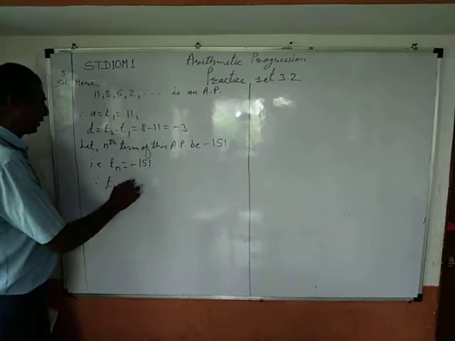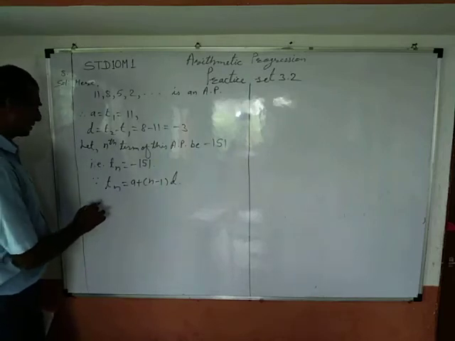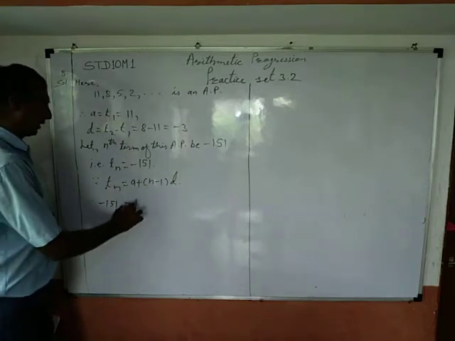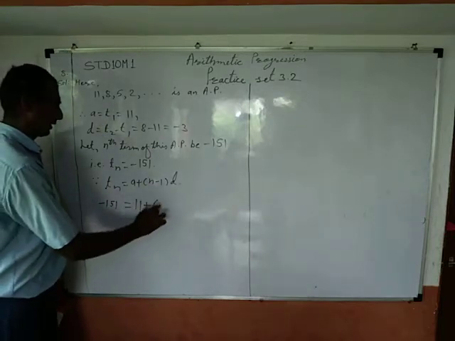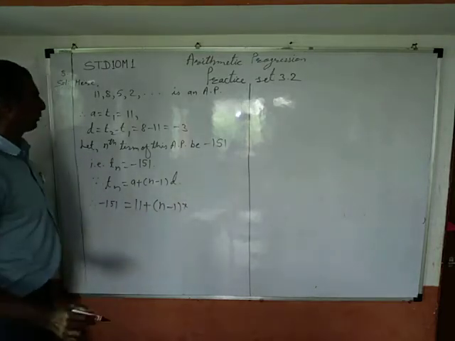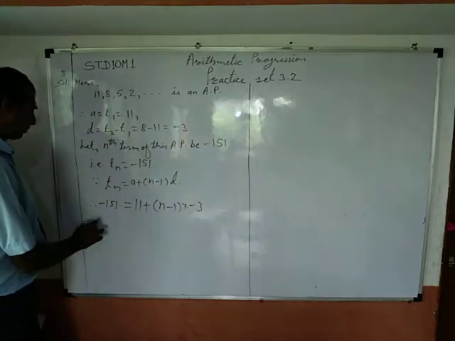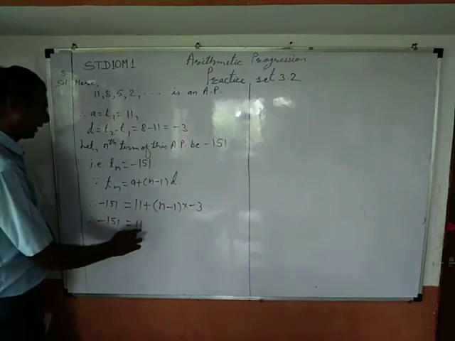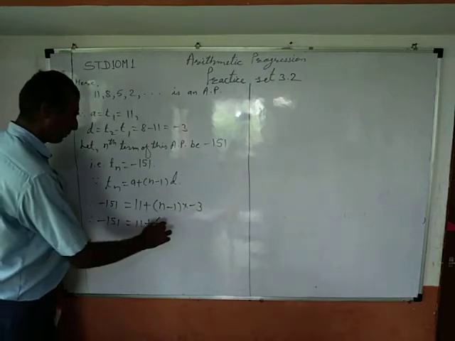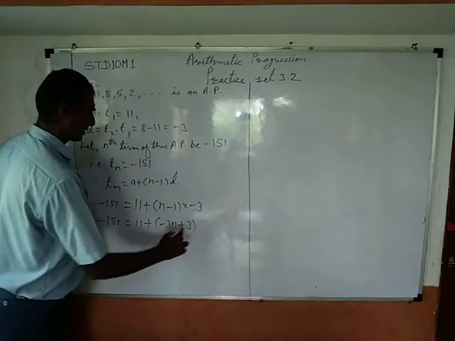Since Tn equals A plus (n minus 1) into D, therefore in this case minus 151 would be equal to A, the value of A is 11, plus n, which we don't know. Let's keep that n as it is, (n minus 1) into the value of D, which is minus 3. Okay, and therefore minus 151 equals 11 plus, in bracket, minus 3 into n gives us minus 3n, and minus 3 into minus 1 gives us plus 3.